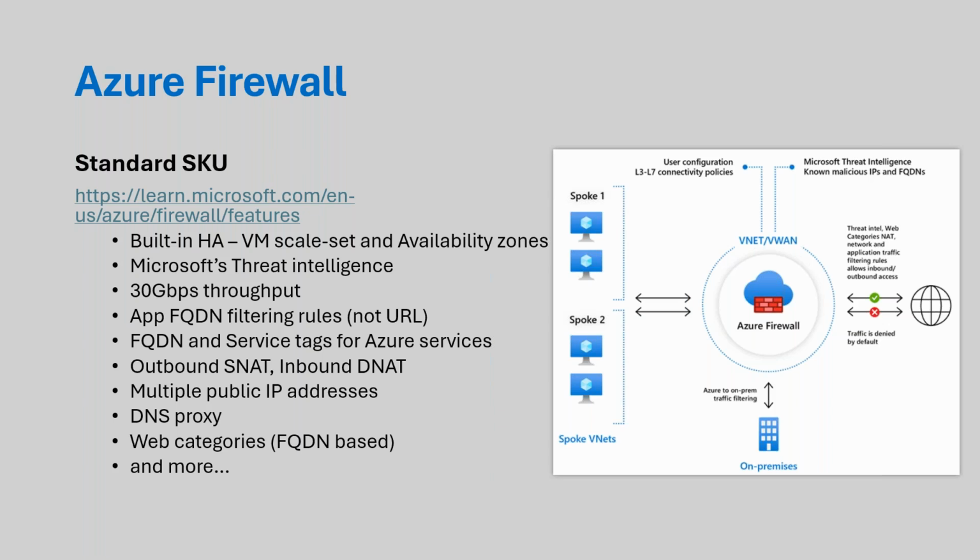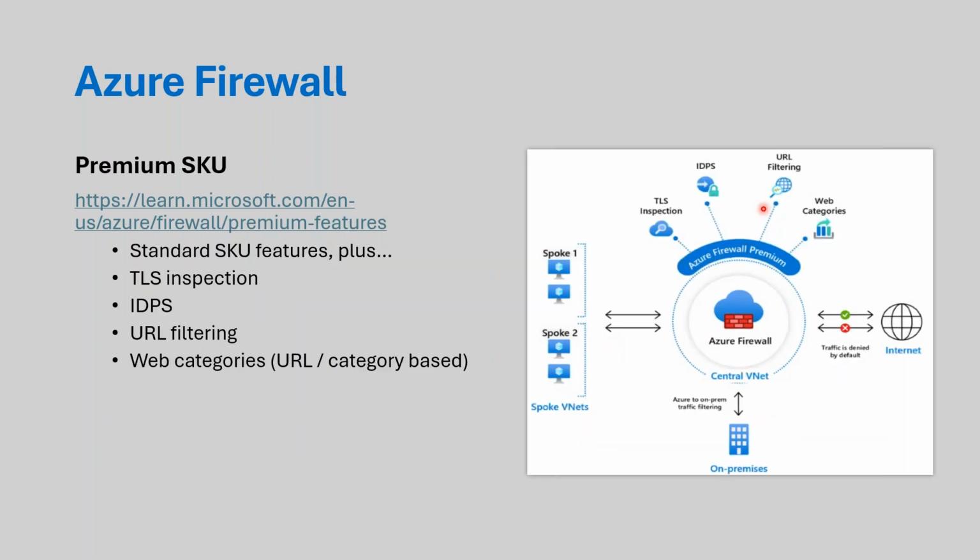And then full web categories on that. So it has, for instance, www.google.com/news is not categorized as a search engine. It's categorized as a news site now because it's looking to the right of the slash. So that's what the premium offers you. And so let's talk about a few of those features.